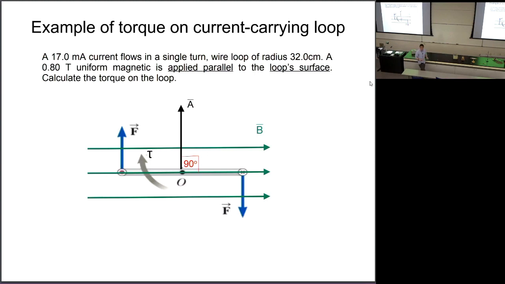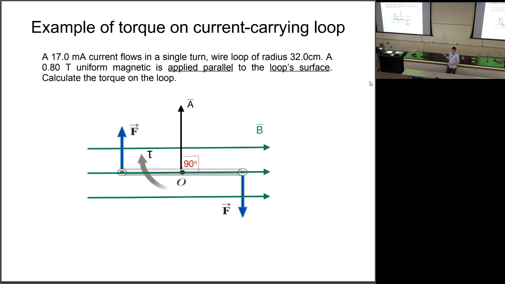Now, the key things that we're told in this problem are the field, 0.8 of a Tesla, and some information about the current loop. This one has a single turn, N equals 1. It's a circular loop with a radius of 32 centimeters. We could figure out the area of this loop, pi r squared. And we're told the current flowing in the wire of the loop.